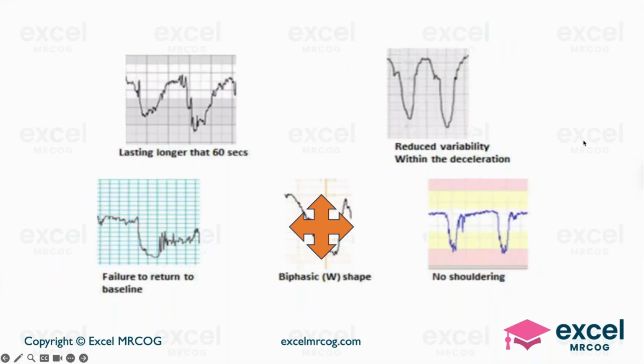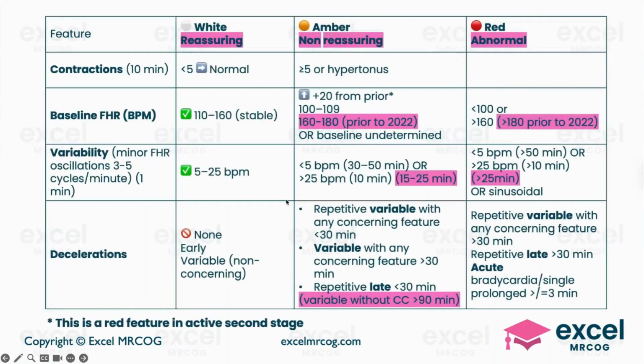Can someone repeat them for me, please? Yes, no shoulder is a concerning feature. All 4 concerning features, name quickly. Not returning to the baseline.